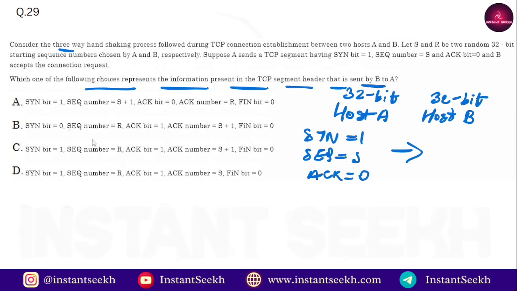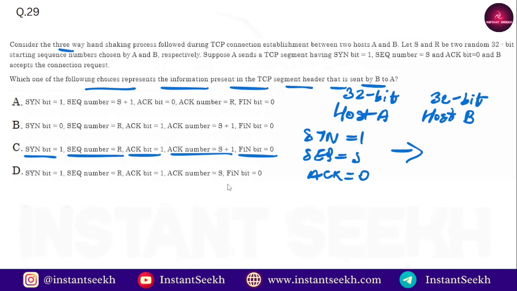Now we will analyze this as well. SYN bit is 1, sequence number equal to R, acknowledgement bit equal to 1, acknowledgement number is equal to S plus 1, FIN bit equal to 0. This gives the information present in the TCP segment header.